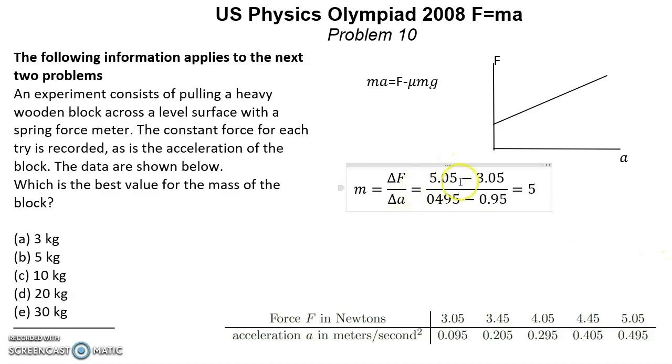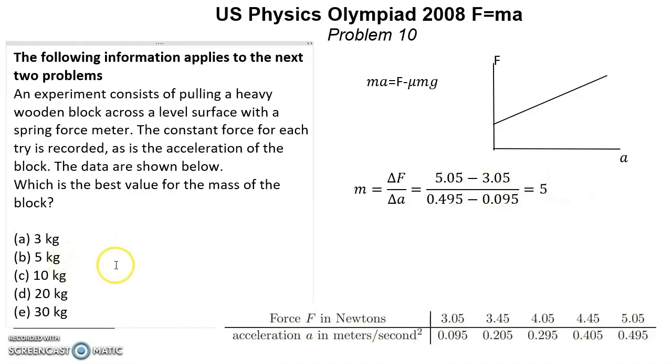We choose points 5.05 minus 3.05 divided by 0.95 minus 0.495, which is about 0.9... no, this is our answer. We have mass equal 5 kilograms, which is the B answer.